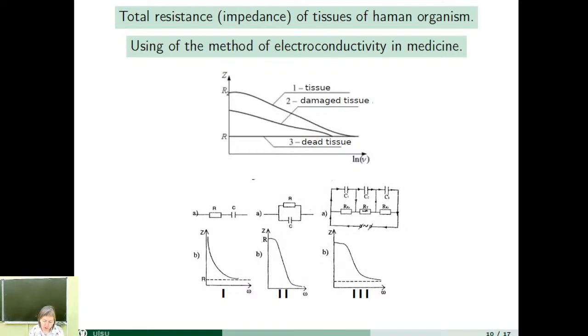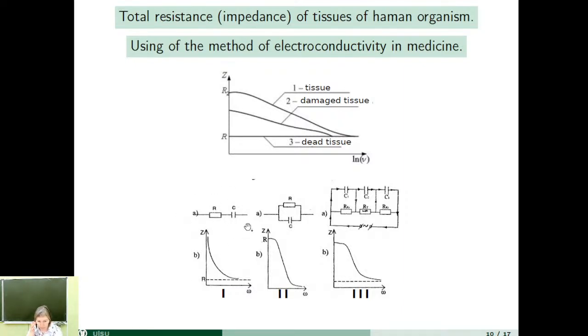This is such a combination of ohmic resistance and capacity which in some approximation can model electric parameters of tissue. The elementary of them is a circuit with a connection of resistance and capacitor in series. It's here.